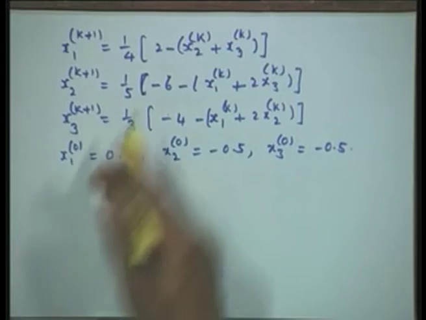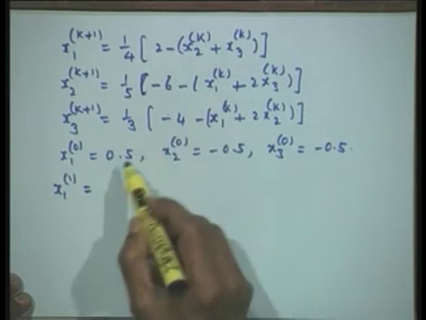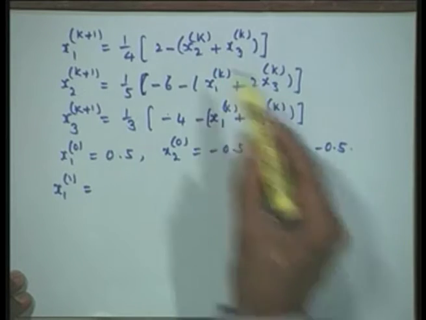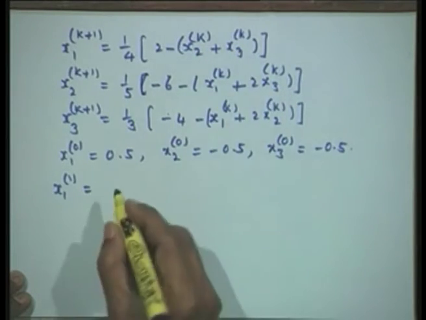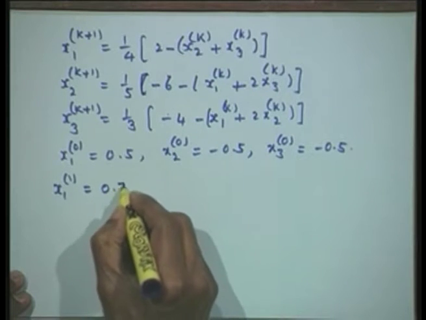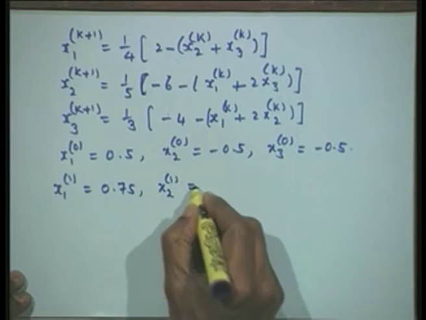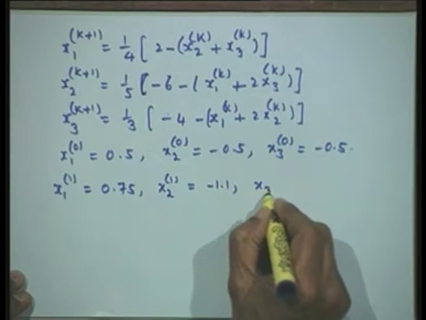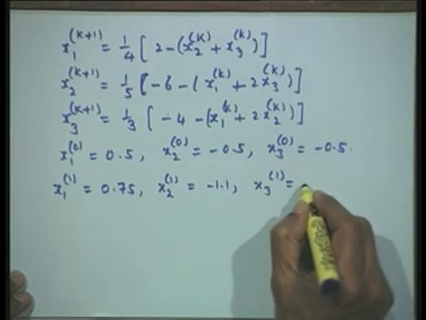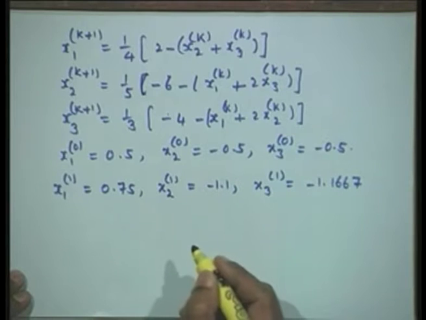So, if I substitute them I would get x1 of 1, simply substituting the value of x2 as minus 0.5 and x3 as minus 0.5 and simplifying. I will give you the values: this is 0.75, x2 of 1 is minus 1.1, x3 of 1 is minus 1.1667.